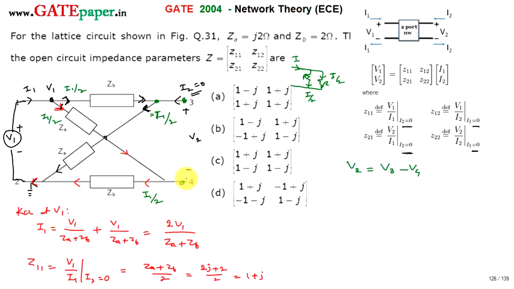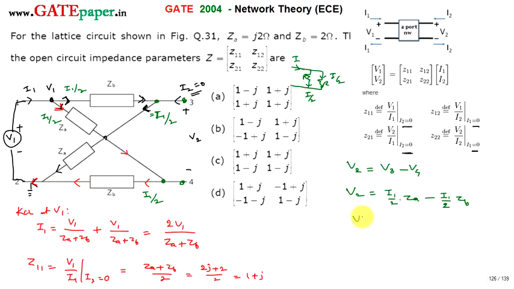Now V3 is from node 3 to reference ground. So V2 is equal to node 3 to reference. Reference is this point. So the voltage drop across ZA is ZA into I1 by 2. You can write it as I1 by 2 into ZA minus V4, which is the voltage from this point to reference ground, and the current flowing through this one is I1 by 2 into ZB.